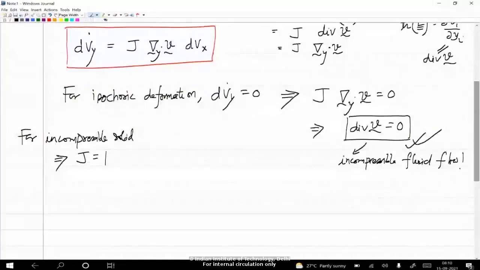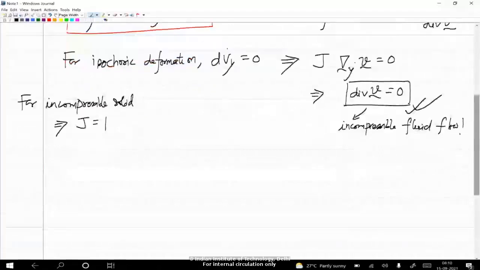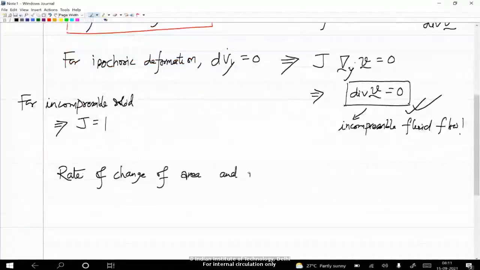So that being the rate of change of volume, the thing which is remaining is, for example, rate of change of area and the normal to the area, right?